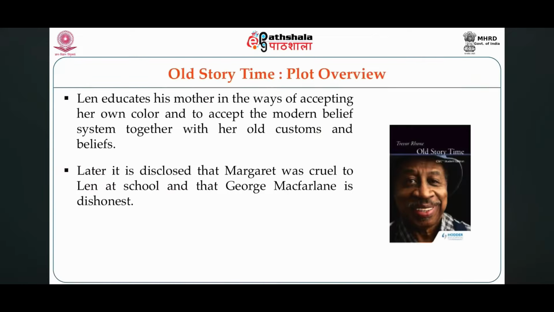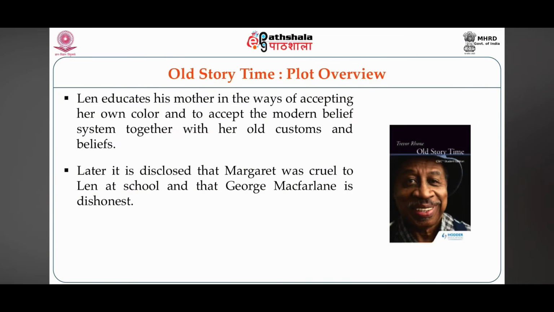Now, later it is disclosed that the girl she wanted Len to marry, Margaret, was cruel to Len at school, and the gentleman she believes in to entrust with many of her investments, George McFarlane, is crooked.